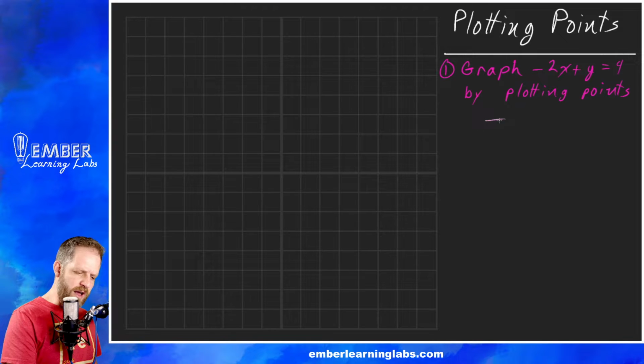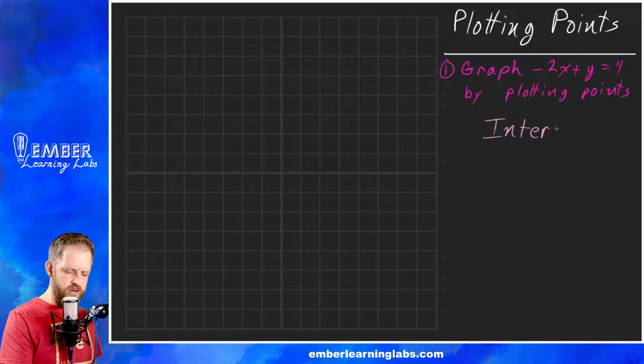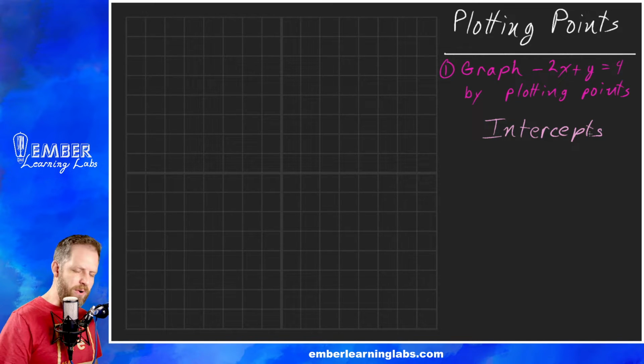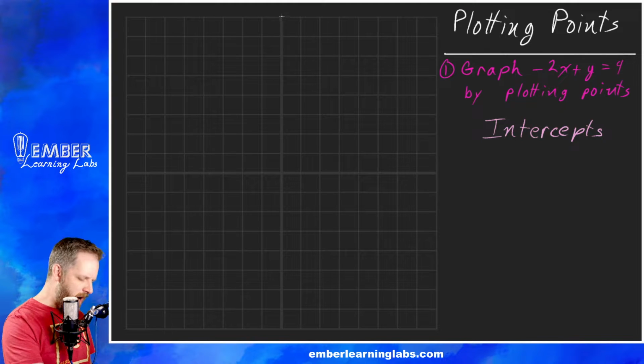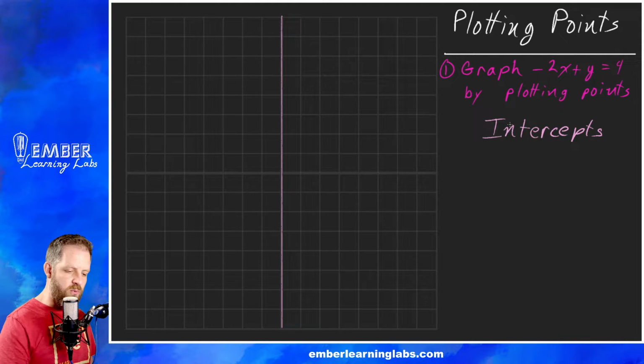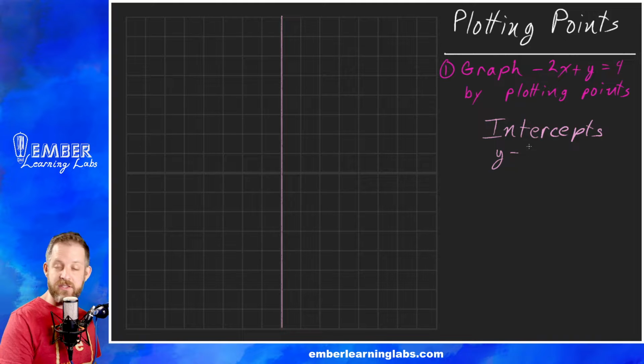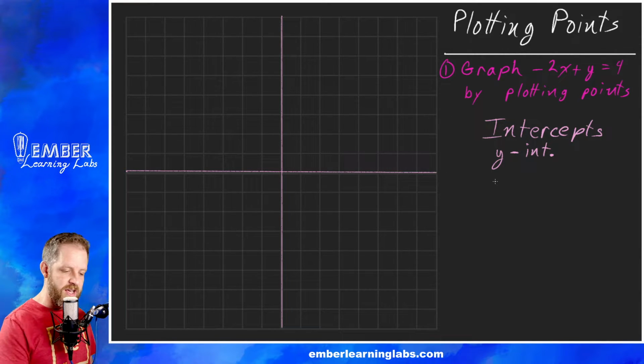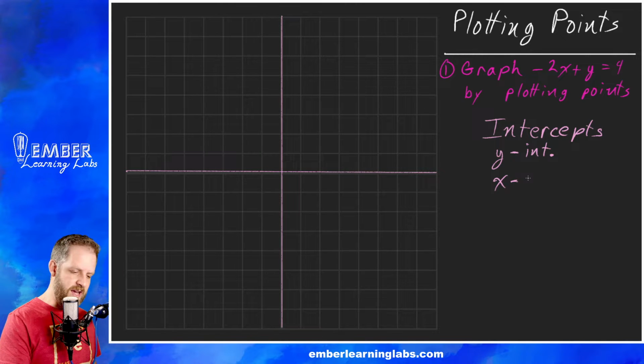So what are we talking about when we're talking about intercepts? There are 2. We're talking about the Y-intercept, where the graph crosses the Y-axis, and the X-intercept, which is where the graph crosses the X-axis.